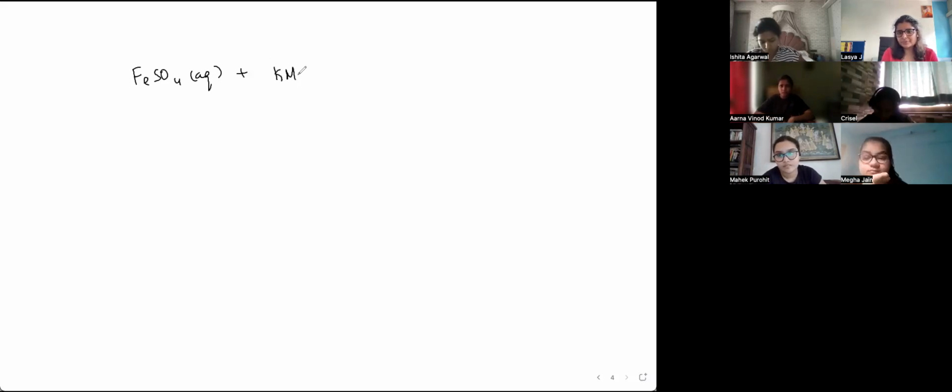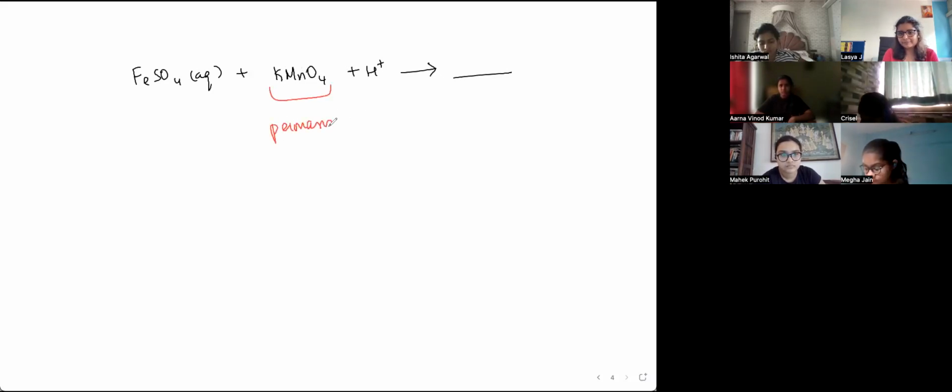So usually potassium permanganate solution is used, in acidified solution, in the presence of H plus, acidic condition. Then what is happening here? Every time you come across permanganate, especially in acidified conditions, this is an extremely strong oxidizing agent.